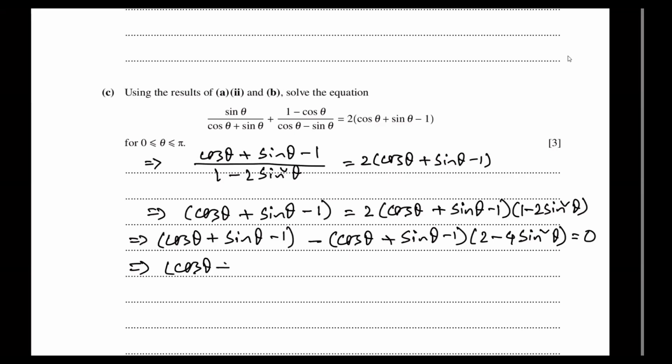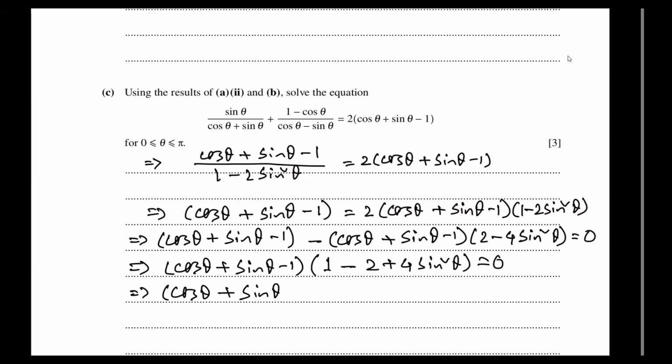If we take common, it will be 1 minus 2 plus 4 sin squared theta. Right? So we have two different sets, 4 sin squared theta minus 1 and cos theta plus sin theta minus 1 equal to 0.